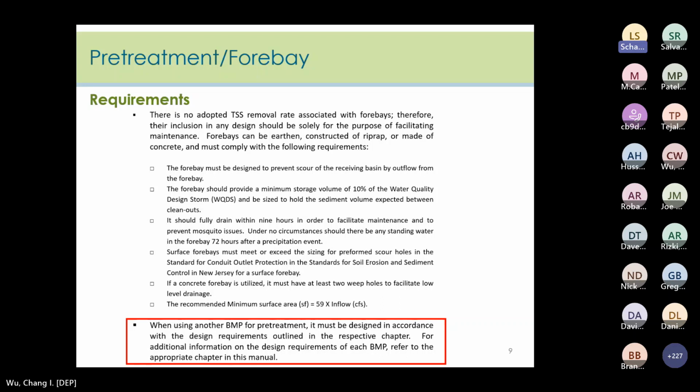So to bring this all home, a manhole or an inlet of some type that's placed in front of a BMP that requires a forebay, or any of the other BMPs found in chapters 9 or 11, is not an adequate substitution. This is and was a deviation from the BMP manual.